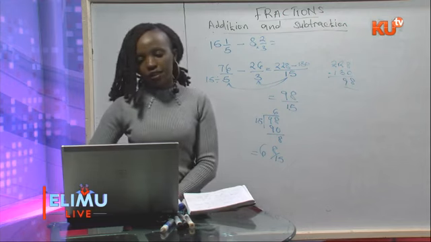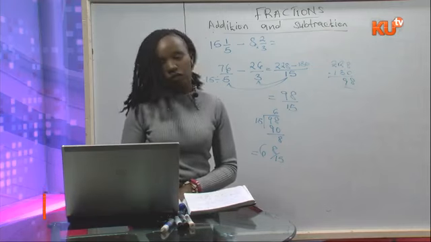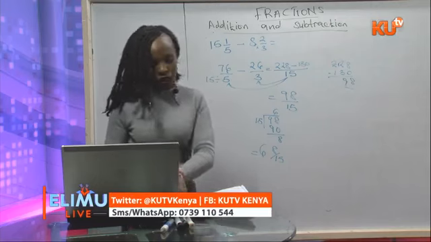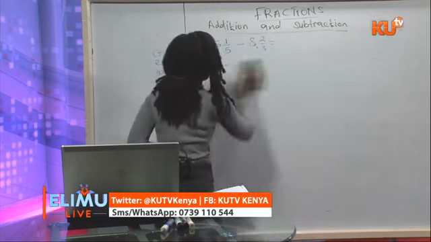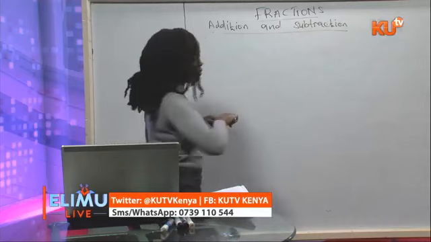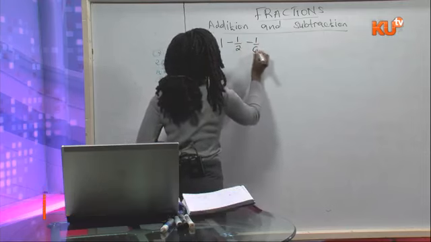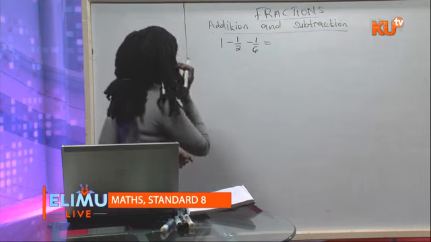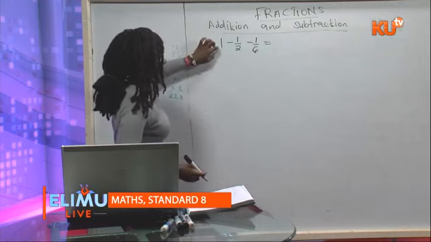So we go to another example. 1, that is a whole, minus a half, minus a sixth. If you look at this one, this is a whole number, it is not a fraction.